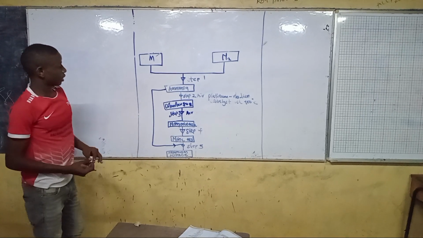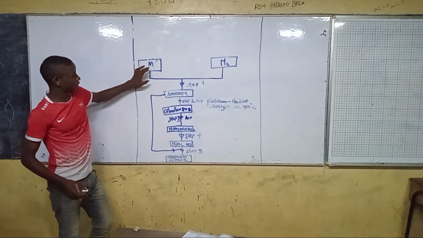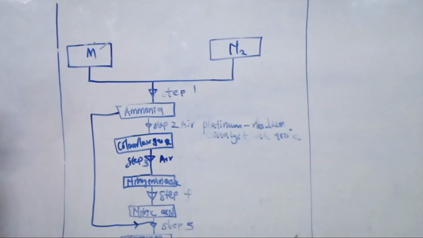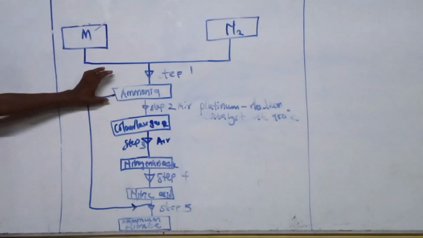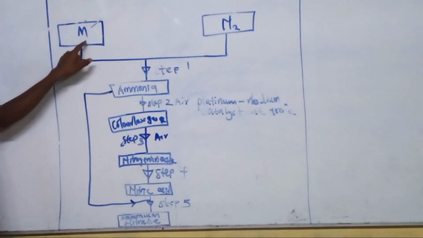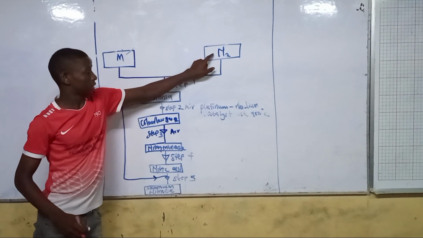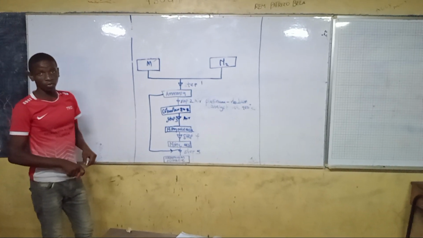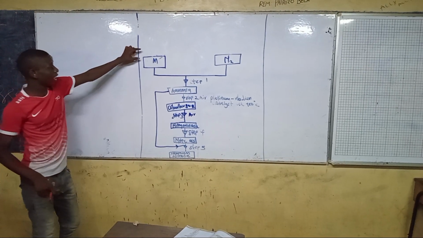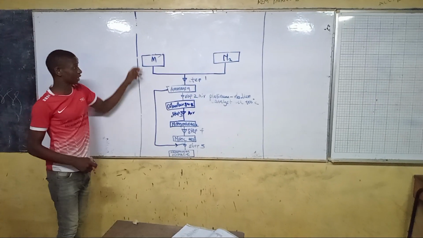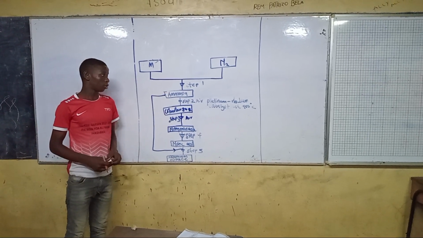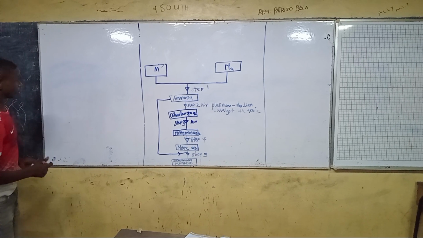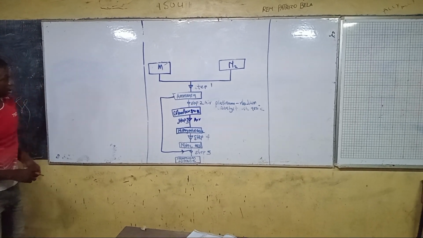So we can see that element M is reacted with nitrogen. When element M and nitrogen are reacted, it forms ammonia. And we know very well that hydrogen is the only element which, when reacted with nitrogen, forms ammonia. So we are going to write a chemical equation to show the formation of ammonia.